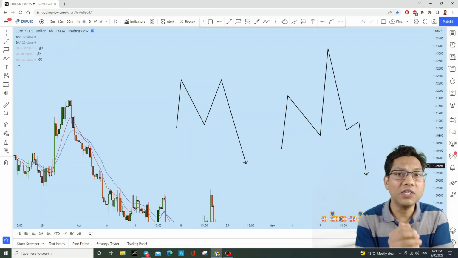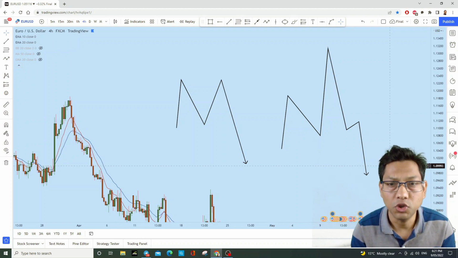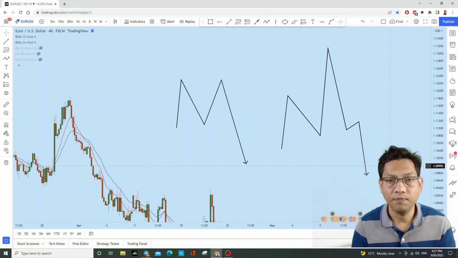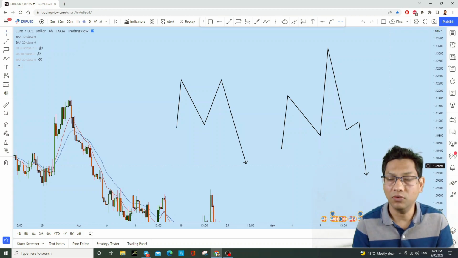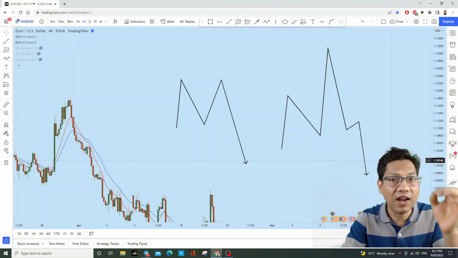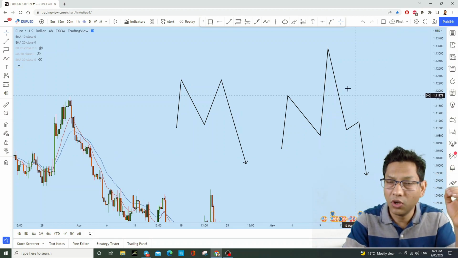Now once you found the double top or double bottom formation, the first thing you need to look for in any kind of pending order is the area of value. It's very important. You need to identify the right area of value. I will show you on the chart, but let me give you a quick example.